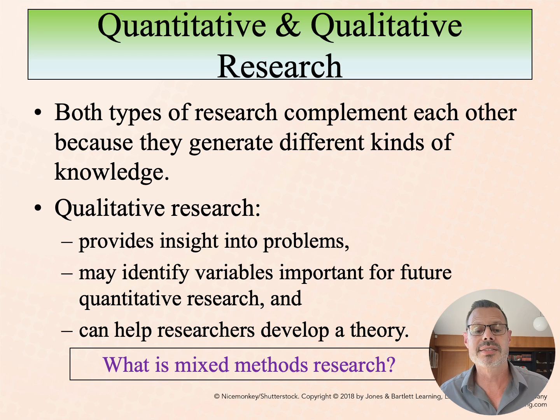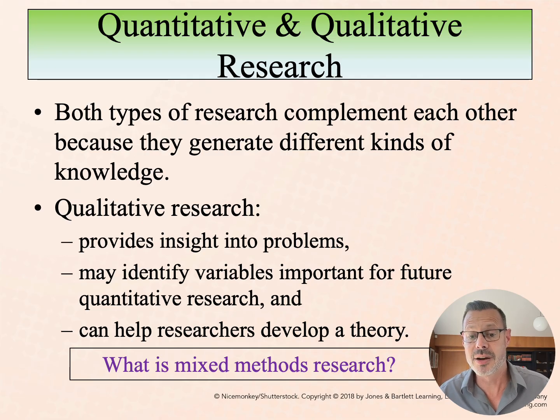So, qualitative and quantitative research. Both complement each other because they generate different kinds of knowledge, right? Qualitative provides insight into problems, identifies variables important for future quantitative research, and can help the researchers develop a theory. So that brings us to, what is mixed methods research?